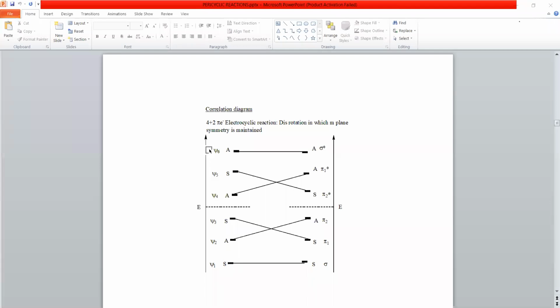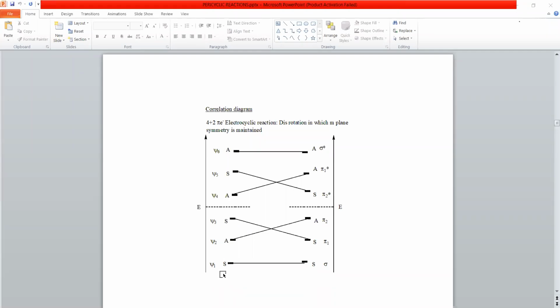On this side we consider the 6 molecular orbitals of the 1,3,5-hexatriene, psi1, psi2, psi3 bonding, psi4, psi5, psi6 anti-bonding. These are the symmetry properties of these orbitals with respect to mirror plane symmetry.